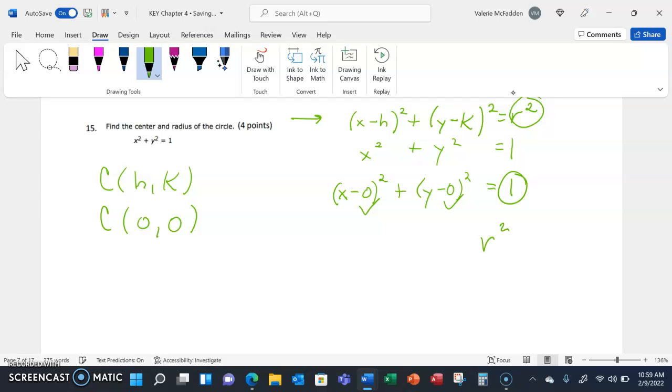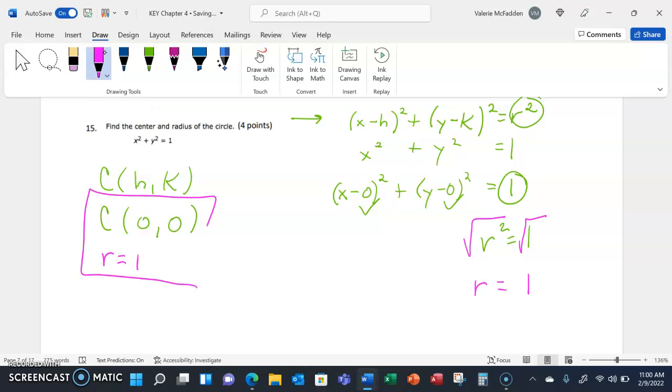So if our radius squared is equal to 1, and we want to know the radius, we will square root, and we have the radius is equal to the square root of 1, which is 1. So our radius is equal to 1. And there we've got that one.